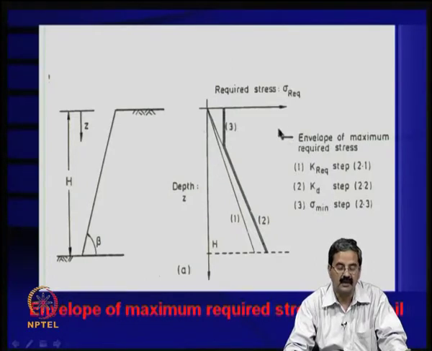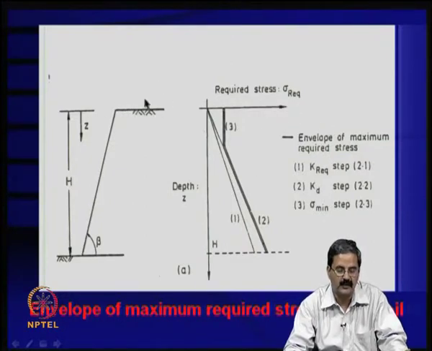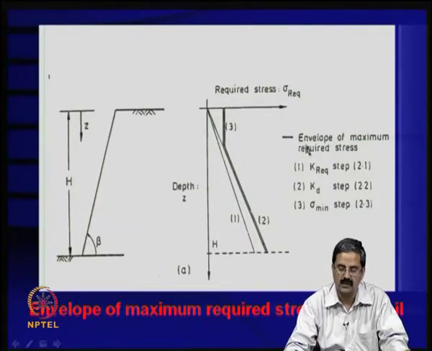That is very important. Not only that, suppose you have a surcharge here, some traffic. This is just a slope which does not have any surcharge, but there will be some lateral pressures here also. To keep that in a stable condition, we need to have some sort of reinforcement here as well. That is what I want to say.